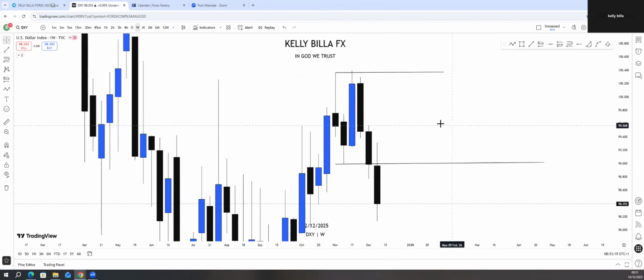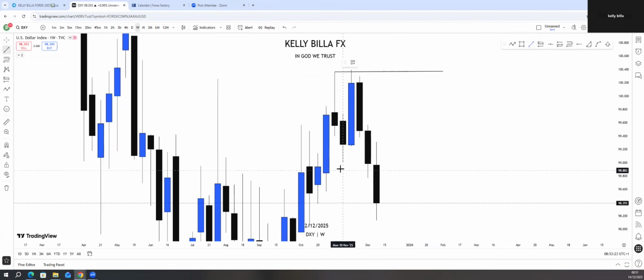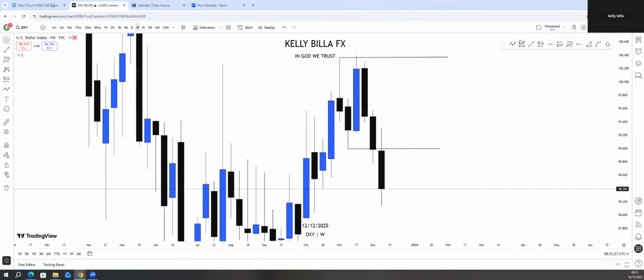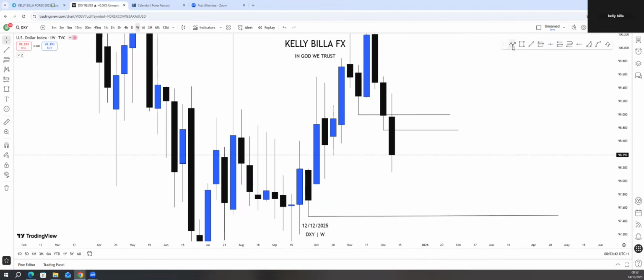When we raided this high, price pushed down, and last week, when price took out this level, at one point buyers wanted to come in from this demand zone, but this demand zone wasn't high quality because there was no run on liquidity before it was created. So price obviously kept pushing to the downside. Everything being equal, this week I'm anticipating more sells till we take out October's low.